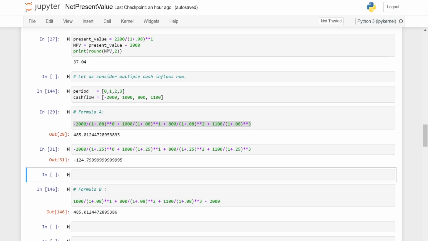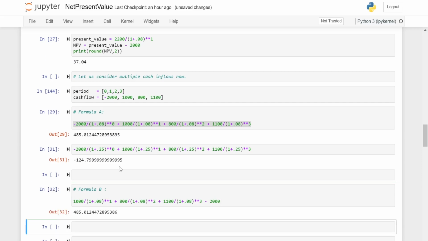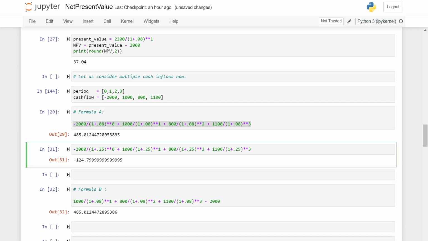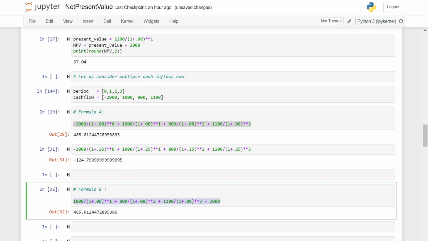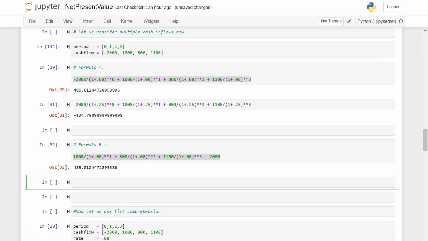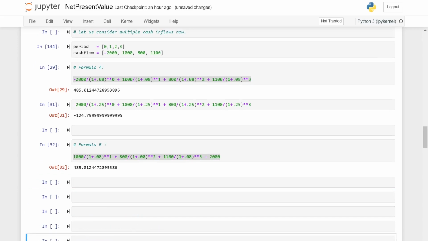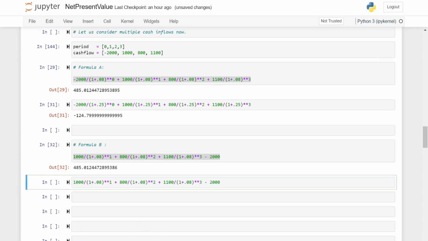At 8%, we should get the same figure, right? It's not going to be anything different. 485. And if we do it for 25%, what will happen?